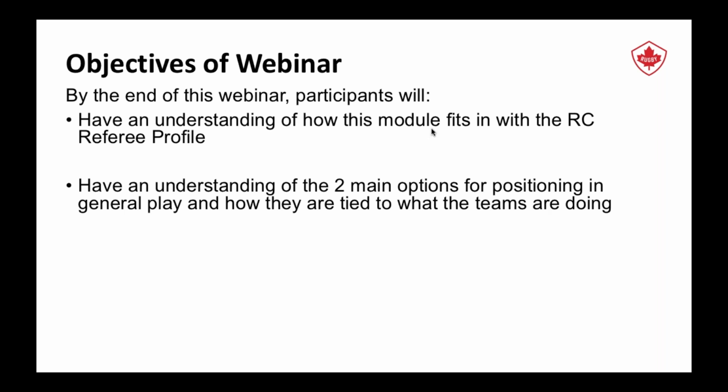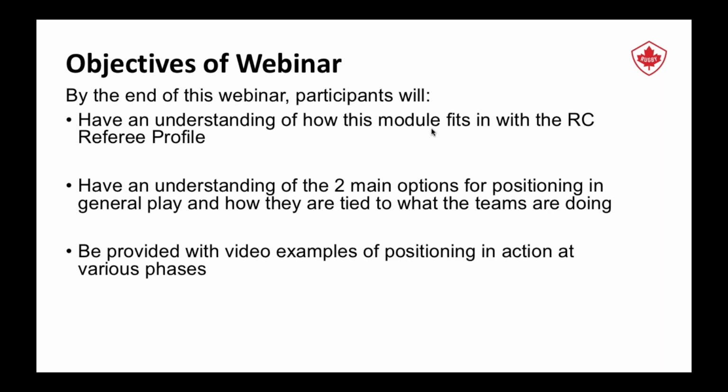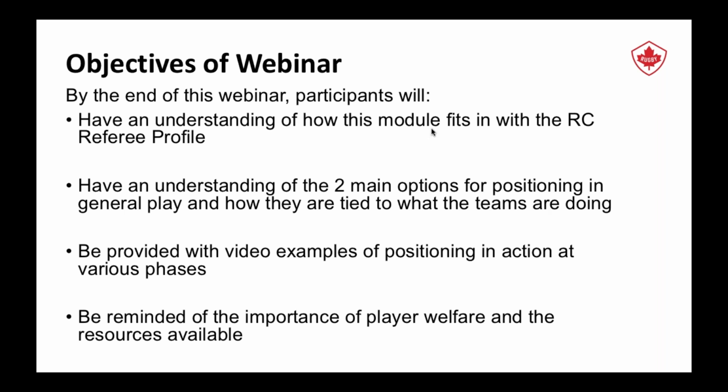We'll take a look at a couple of different pieces there. We'll be provided with some video examples of positioning in action at various phases. And we'll be reminded of the importance of player welfare and the resources available, just a piece that we need to continuously touch on.